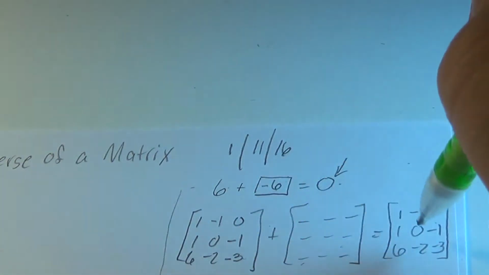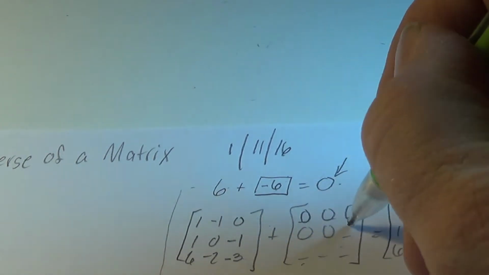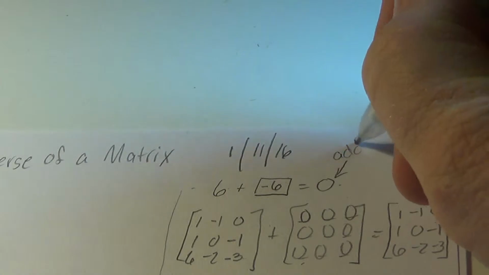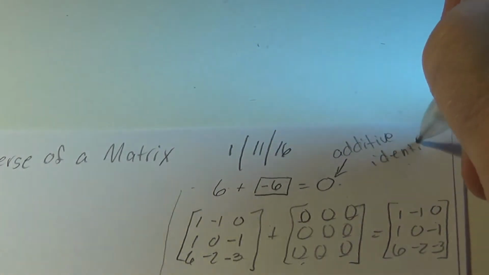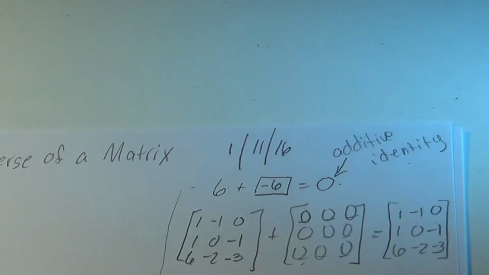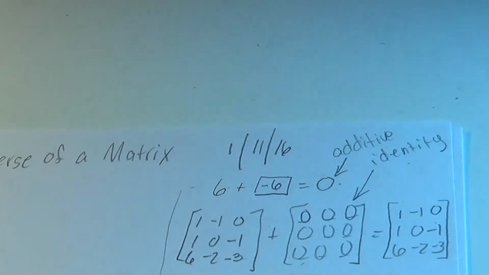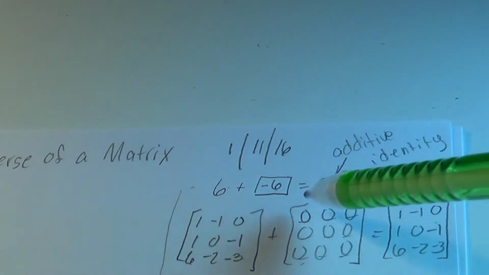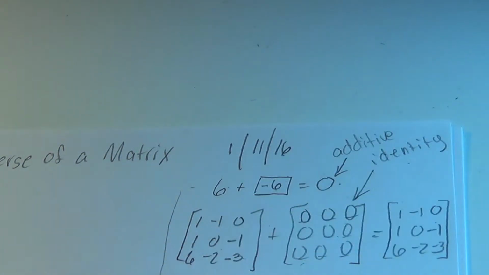Would it not be zeros in all the entries? This is the additive identity for a matrix. It's a matrix with all zeros in its positions, and so when you add the 0 matrix to a matrix, you get the identical matrix.